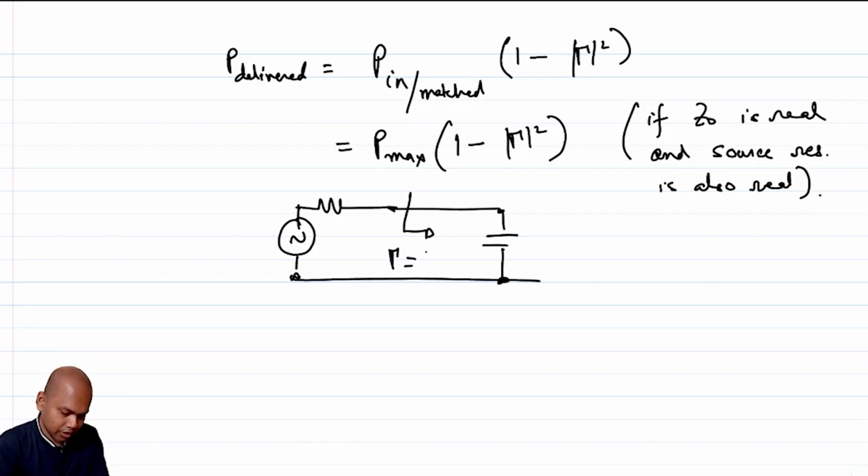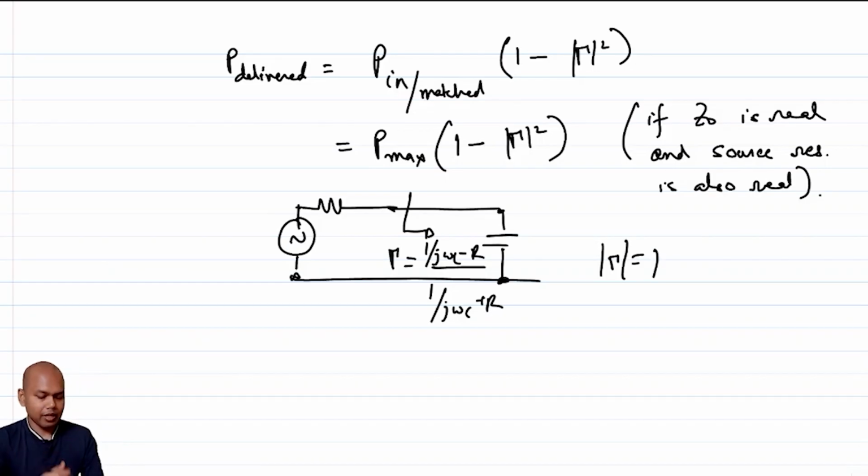Gamma is nothing but (1/jωC − R)/(1/jωC + R), which essentially means that mod of gamma is 1, which means that directly from the equation that you have, you see that the power delivered will be 0. So in a nutshell, if you have a completely imaginary load, it can be a capacitor, it can be an inductor, it can be anything, then mod of gamma is always equal to 1, and hence the power delivered into the load is 0.